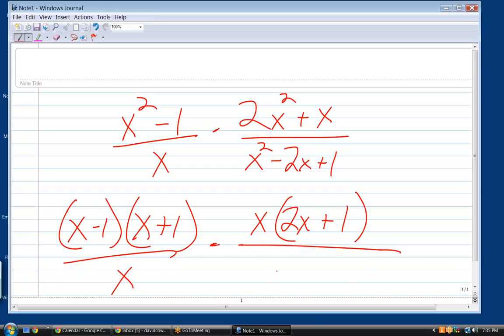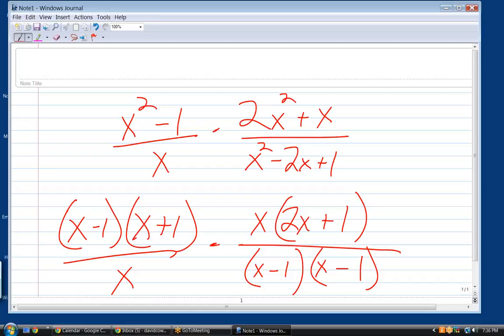Okay. And then the bottom is a standard quadratic that factors. I don't know how you've learned to factor, but do you know what that bottom factors into? Is it x minus 1 and x minus 1? Yep. Okay, now we're ready to cancel.